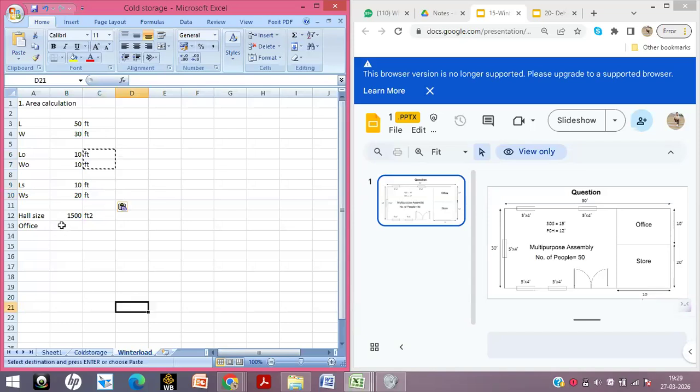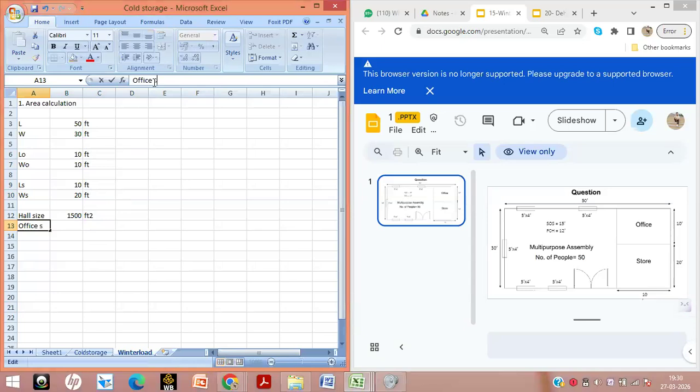So now we'll calculate hall. We already calculated hall size. Now we calculate office size, which is 10 times 10, like this is 100 square feet.